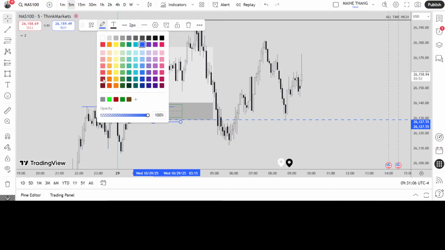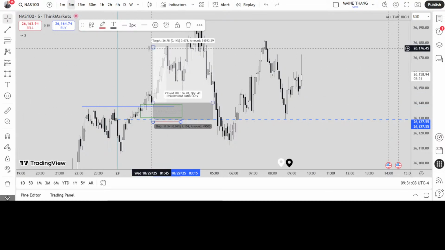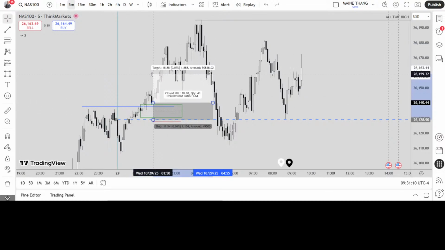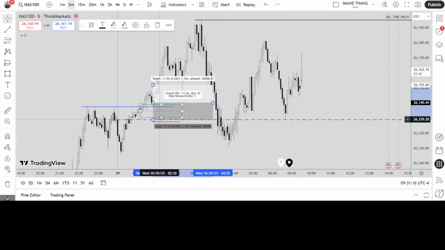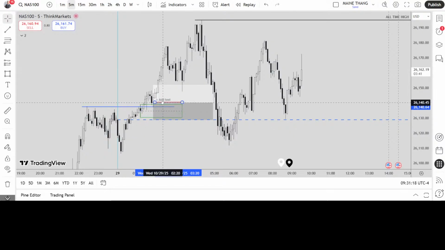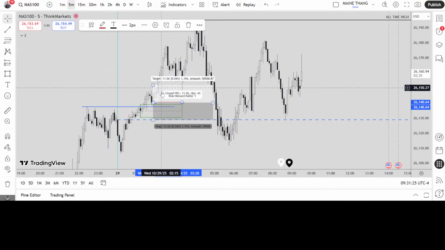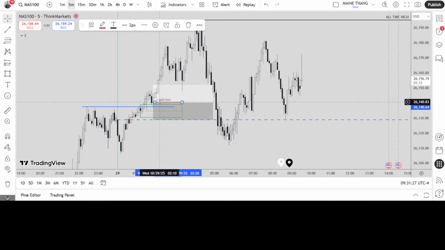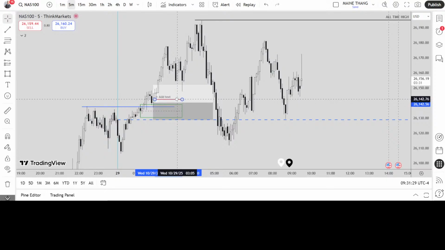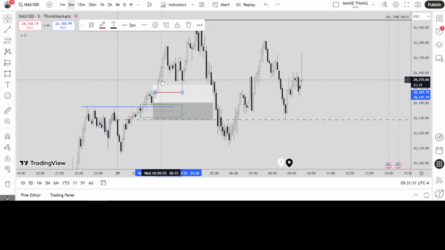After you hit your 1-to-1, right there, move it to break even. Then you wait. When this candle closes, you can move your stop below that candle.